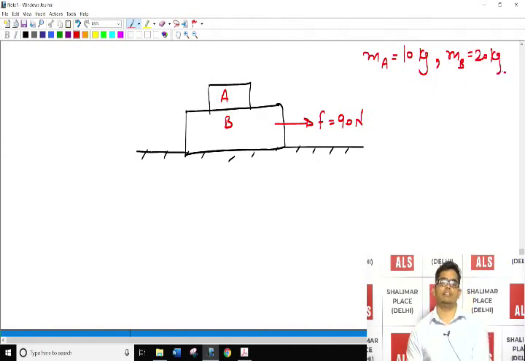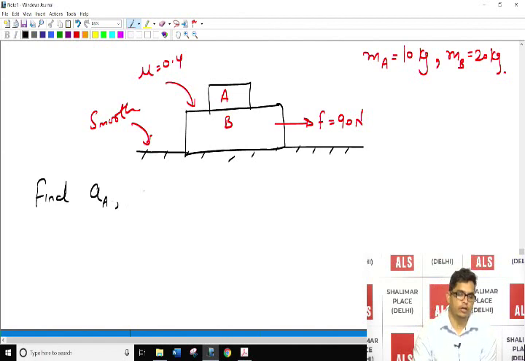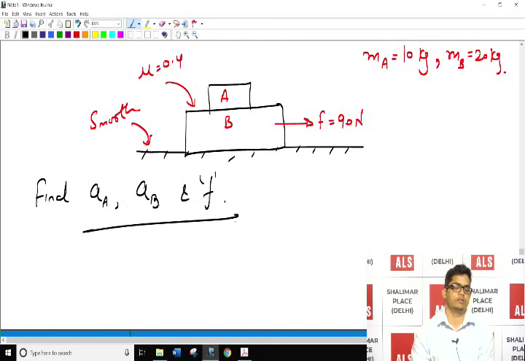Okay, mass of A is 10, mass of B is 20, and this is 0.4 and this is smooth. Okay, again find the accelerations of the block, find acceleration of A, find acceleration of B, and the force of friction. So calculate these values.